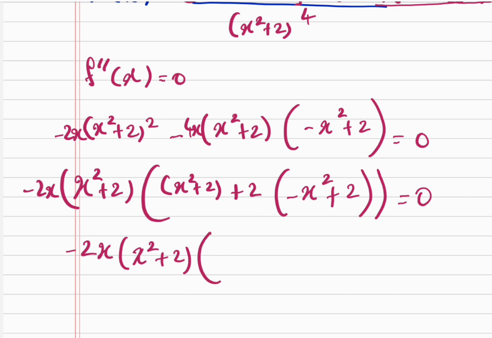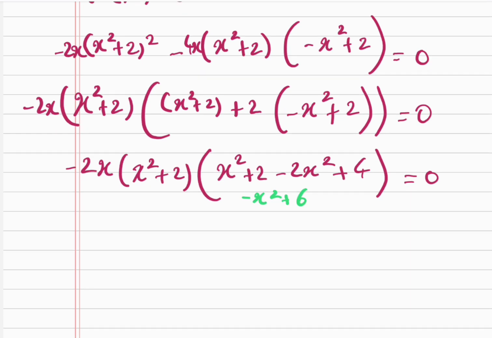Then for here, what's going to happen is that we have x squared plus 2, and then we can expand this bracket to have minus 2x squared plus 4, and this allows us to simplify this now. So we are going to get minus x squared plus 6, and that makes this much nicer for the next step, because then we'll have minus 2x, x squared plus 2, and then minus x squared plus 6. Now it is in a much better form.